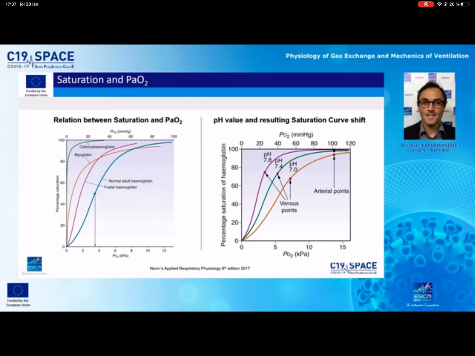And on the other hand, in patients with an acidosis, like you see that typically in patients with exacerbation of COPD, the curve shifts to the right-hand side, and low saturation levels mean much higher PaO2 level than in patients with an alkalosis.